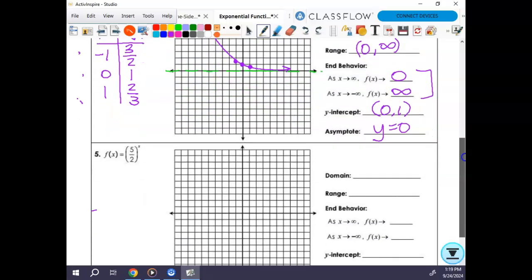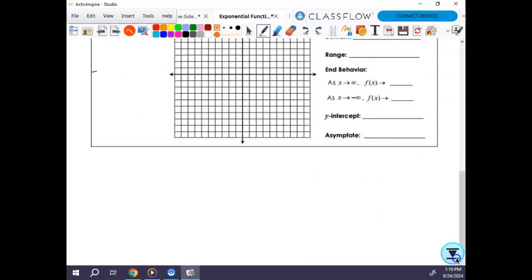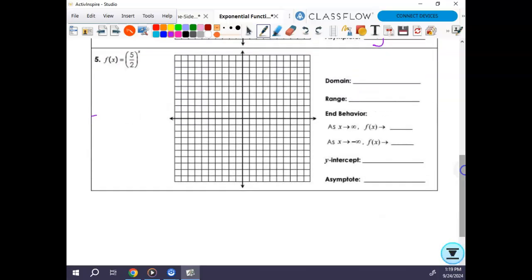All right. Number 5. Is this growth or decay? Growth, because it's a fraction, but it's greater than 1, right? So it's going to look like this. So we'll go ahead and write these down. I'm going to do -1, 0, and 1. What is 5/2 to the -1 power? 2 over 5.